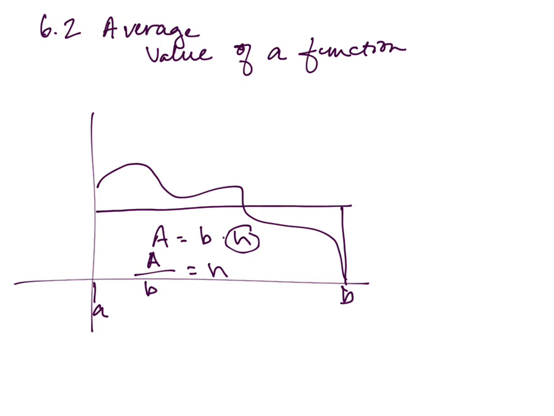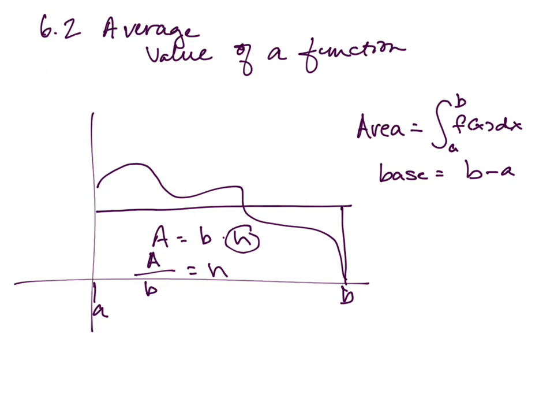Well, we already know the area under the curve. We know the area of the function. The area of the function is the integral on A to B of f of x dx. That finds me all of the area under the curve, right? The base of this rectangle is going to be the length along the x-axis, b minus a, right?